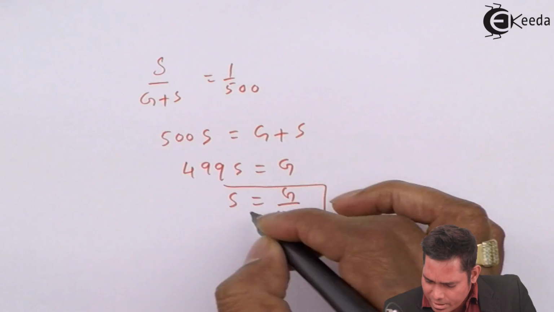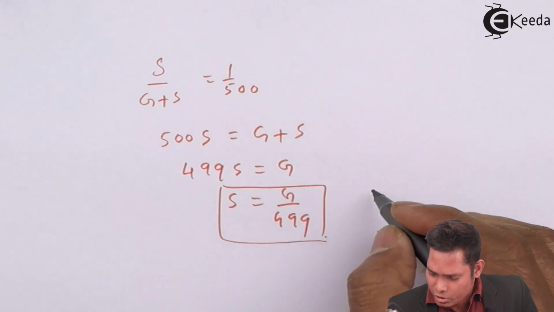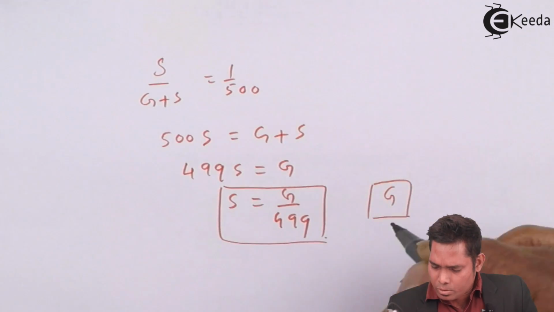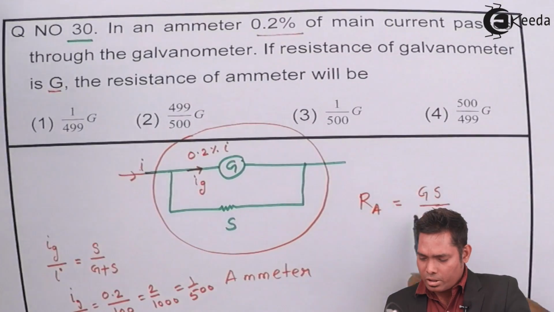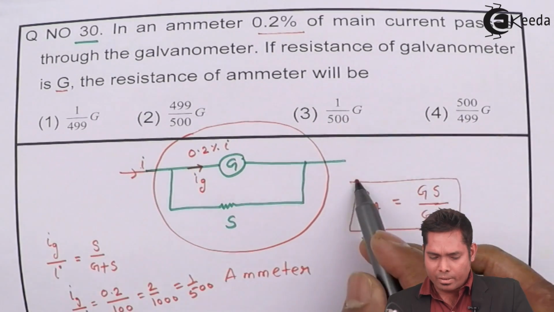Once I get S, and I have to take the answer in terms of G only, I have to use the formula for the parallel combination of two resistors.